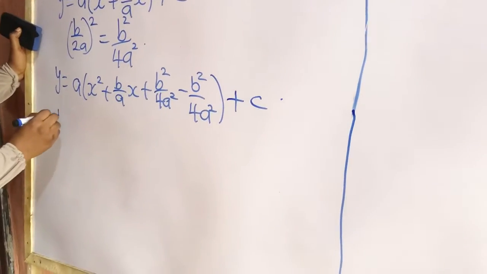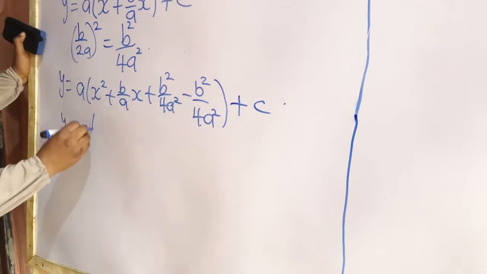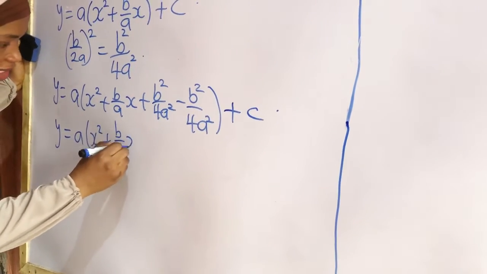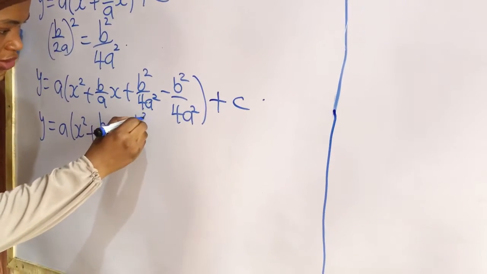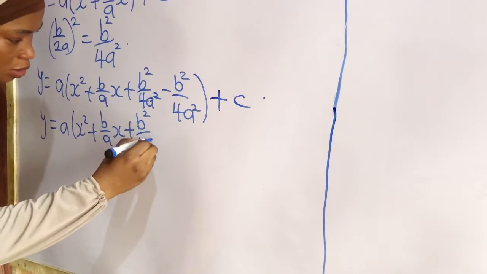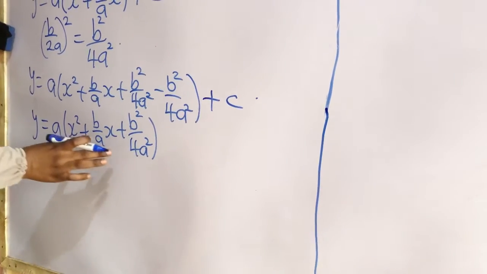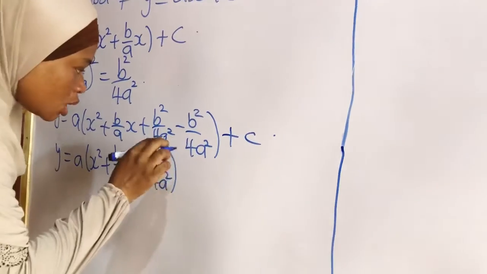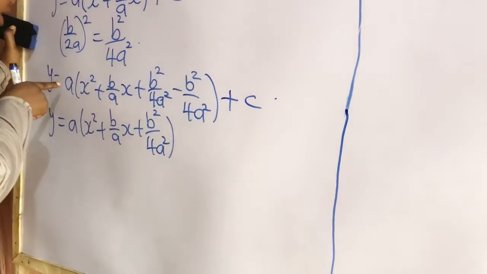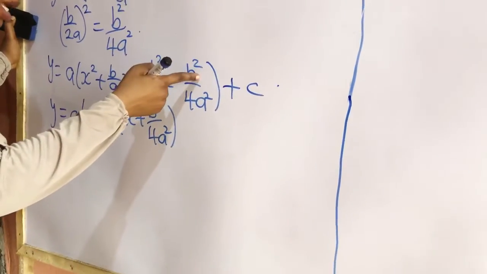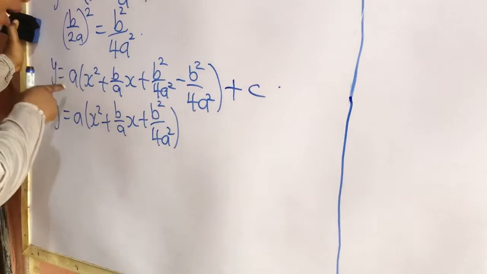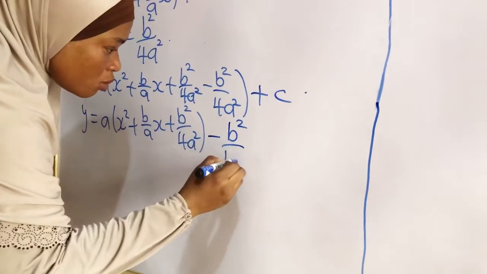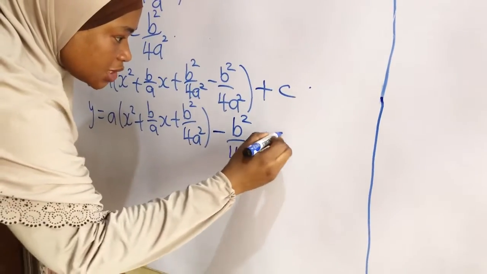So from here, y will now be equal to a into bracket x squared plus b over a x plus b squared over 4a squared. This is what I need because I just want to make this one become a perfect square. So I want to take this one out. It means that I've multiplied this b squared over 4a squared by a. So I have minus b squared over 4a, then plus c.